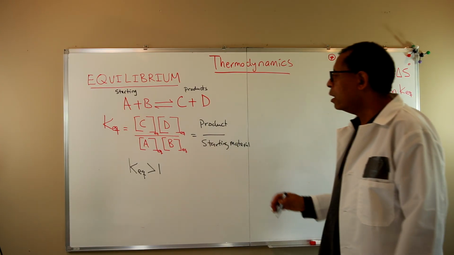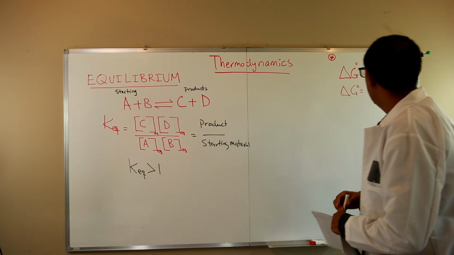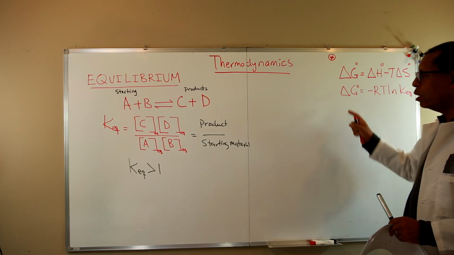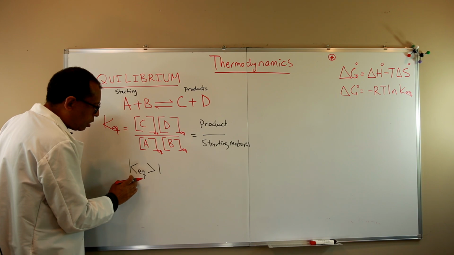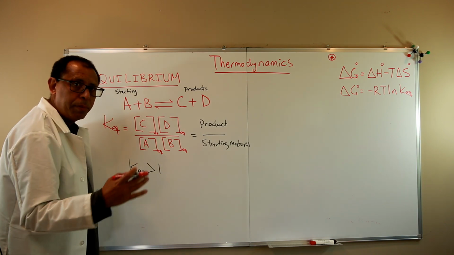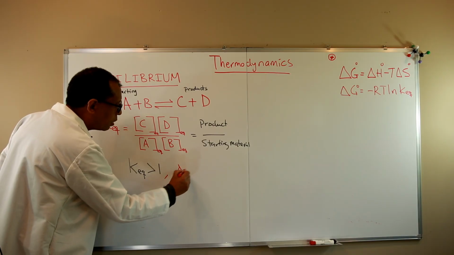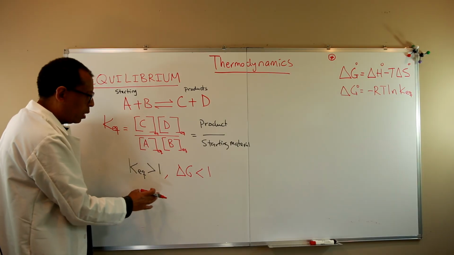So in terms of energy, for K equilibrium greater than 1, delta G for such a reaction, where the equilibrium constant is greater than 1, the free energy is less than 0.